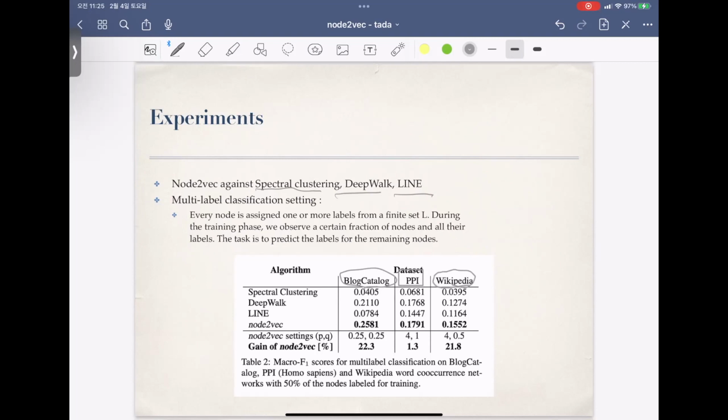And here, word co-occurrences are used to create a network. As you can see from the macro F1 scores over here, Node2vec has performed the best compared to the other ones. And DeepWalk actually performed second.